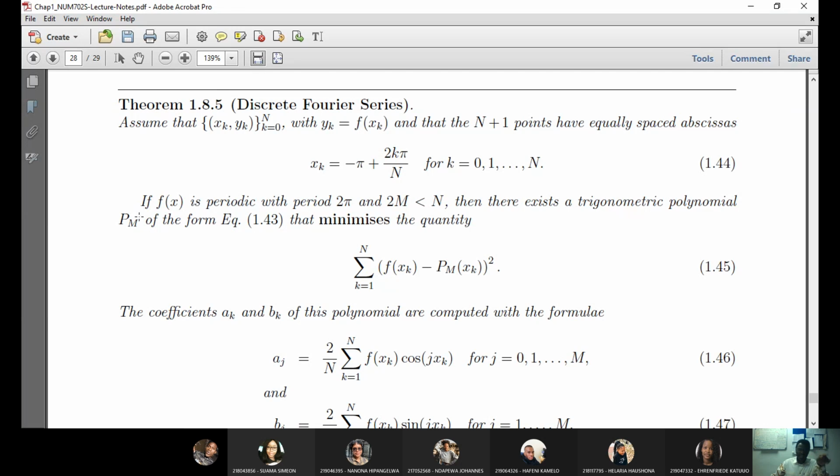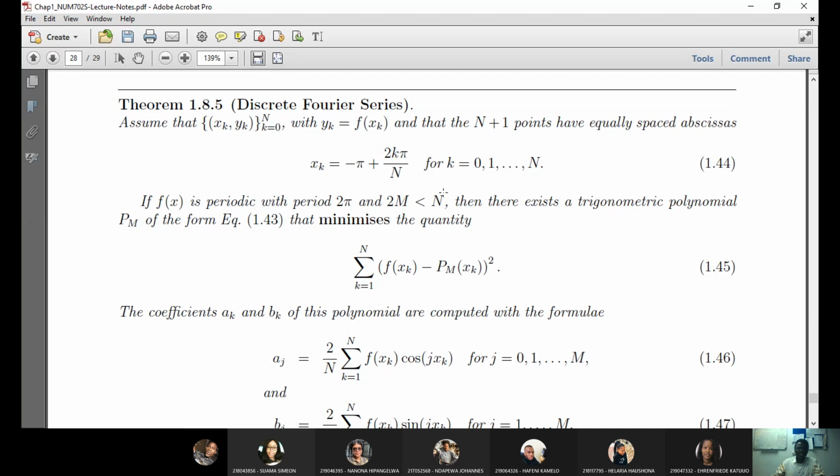The theorem states that if the function is periodic with period 2 pi, and twice the degree of the polynomial, remember, the trigonometric polynomial P_m of degree m, that you are using to fit the set of data points is less than capital N, where capital N is the number of points minus 1, because the number of data points is N plus 1.